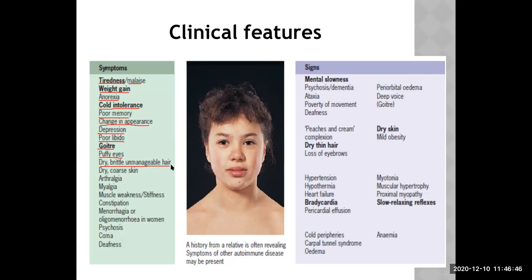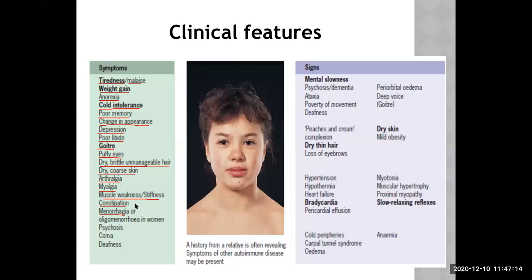They often complain of hair loss, and even with extensive good care, their hair doesn't look good. The skin is dry and coarse. There is arthralgia and myalgia, joint and muscle pain, muscle weakness and stiffness. Constipation, a very important feature. I always ask this in the history.